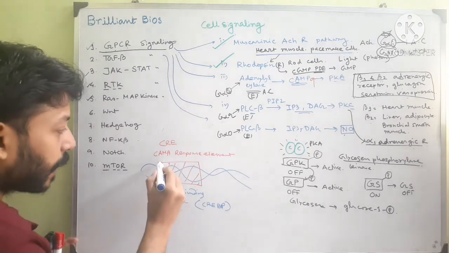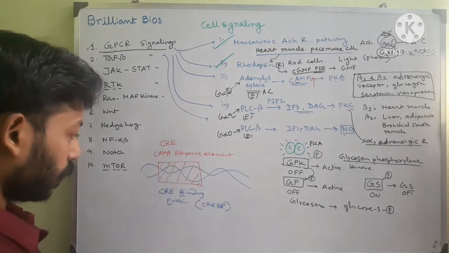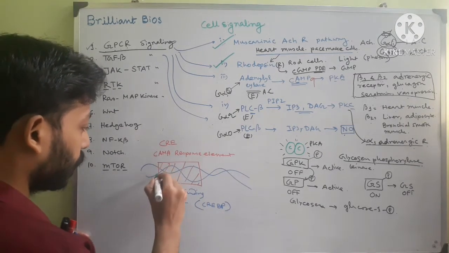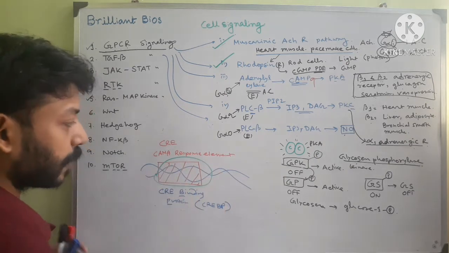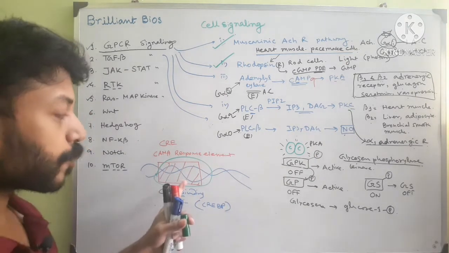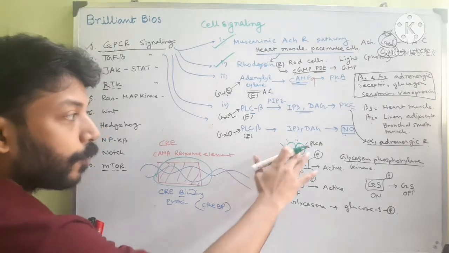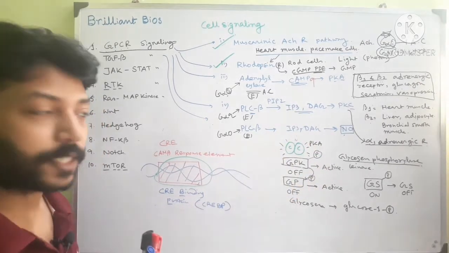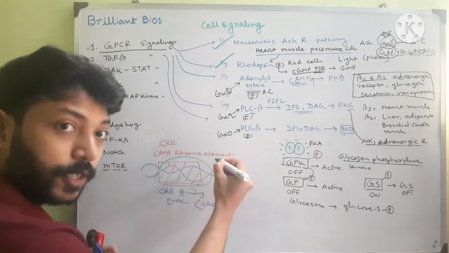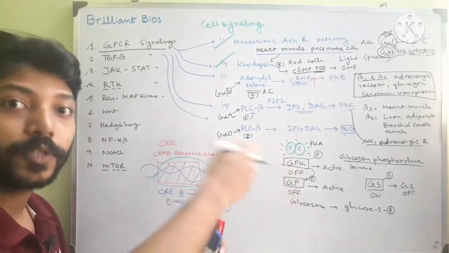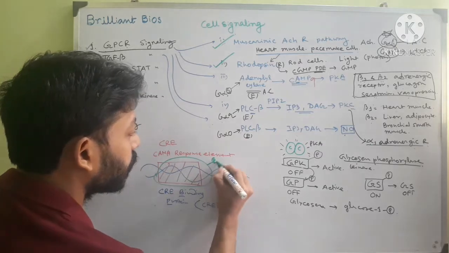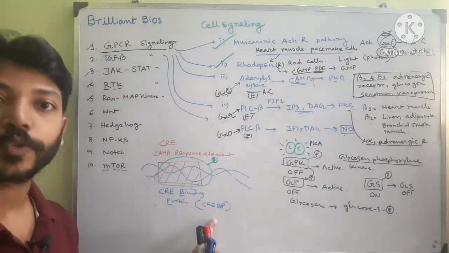This protein can bind with this area. Let's suppose this green color protein is the CREB. This protein is present in the nucleus but inactive. When protein kinase gets activated, some catalytic subunits enter into the nucleus and phosphorylate this CREB protein.